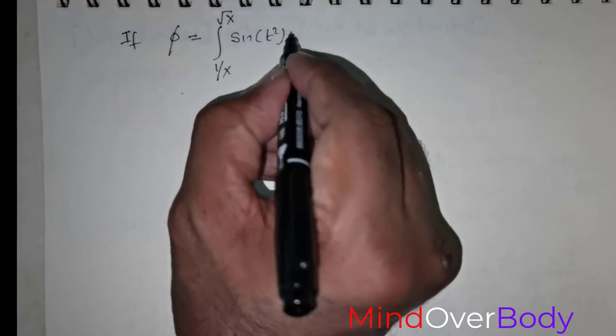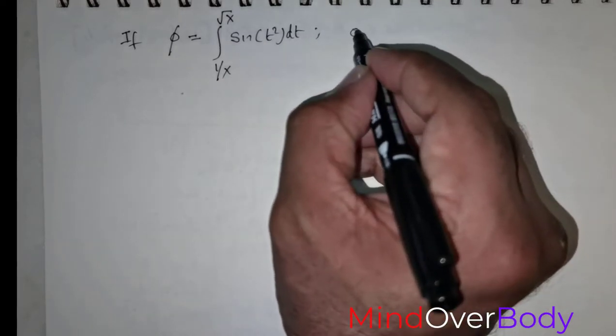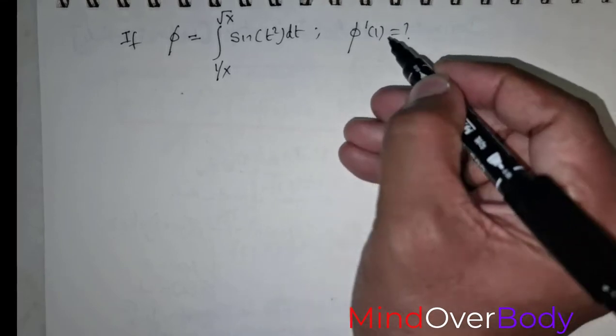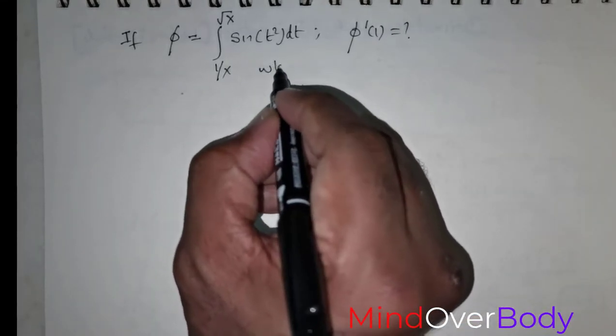Students, we've been given this question: if phi is equal to integral 1 over x to root of x of sine of t squared times dt, then we are expected to find what phi dash of 1 is equal to. Now let us state the Leibniz rule.